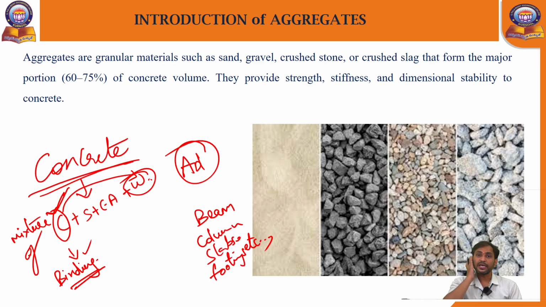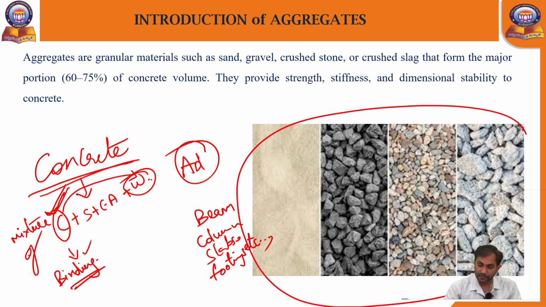In that concrete we first add cement, which is the purpose of cement. Then where is the aggregate? What is the purpose of an aggregate? You can observe here that an image is presented. These are the different types of aggregates. Now, what is meant by an aggregate? An aggregate is also a basic natural resource material.